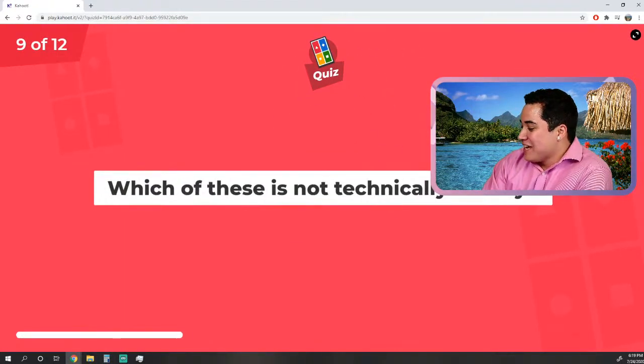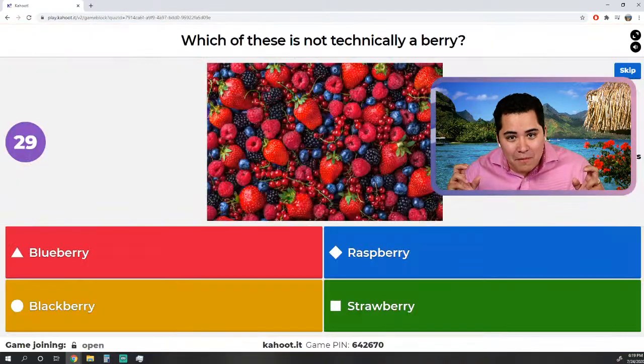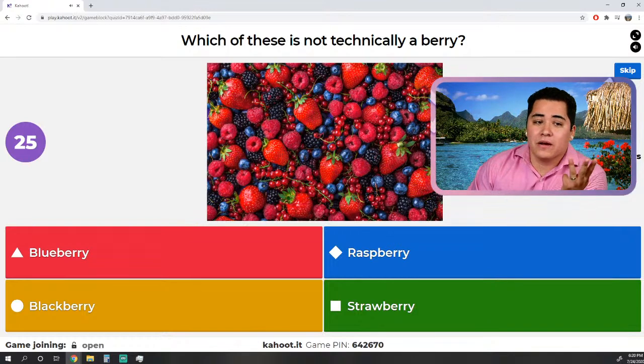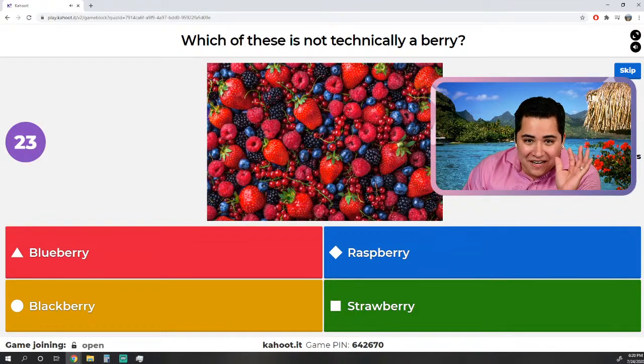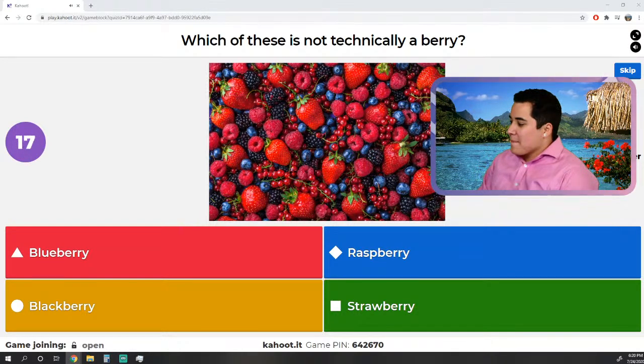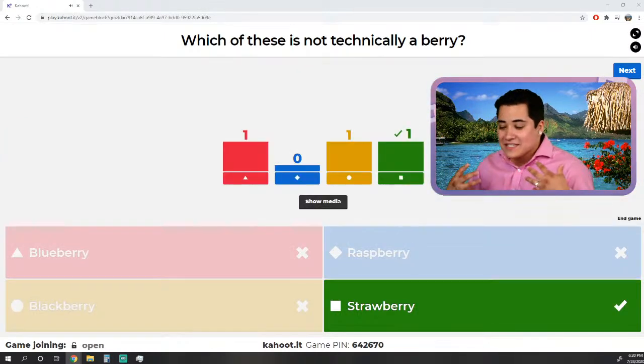All right, question 9 of 12. Which one of these is not technically a berry? Is it blueberry, raspberry, blackberry, or strawberry? Which one of these is not technically a berry, although we call it a berry? So you'll have to look at the definition of berry to get this one correct. What is classified as a berry?